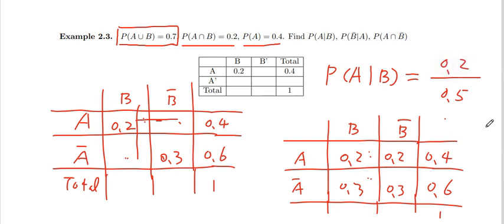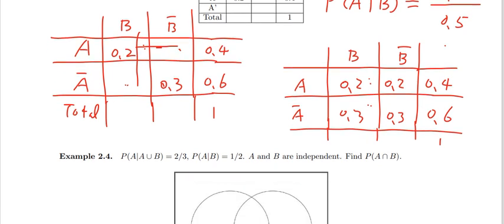So what is, let's say, P(B bar|A)? Okay, so we just use this notation. Oh, I'm sorry, B bar given A. So this means we just check A. So A totally is 0.4.